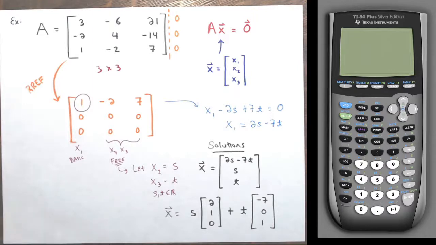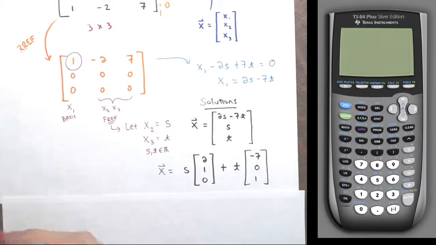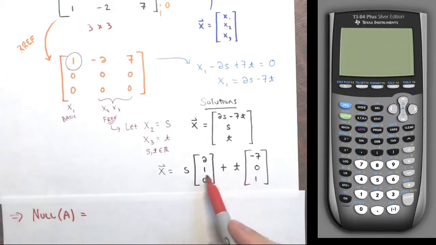Okay, so the null space then of A is the span of these two vectors. Right, so the null space of A is, you can write this out and say s and t need to be real.